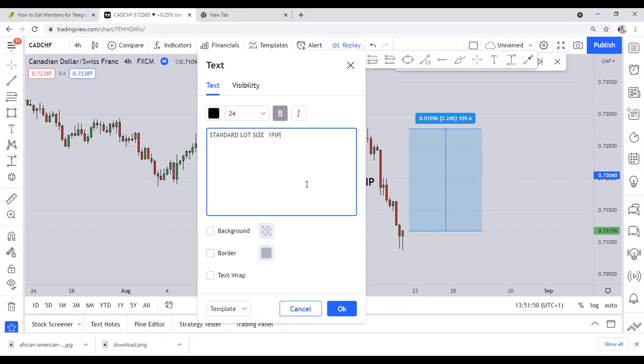One pip equals $10. That's what one pip is. And our target is how many pips? 159 pips.